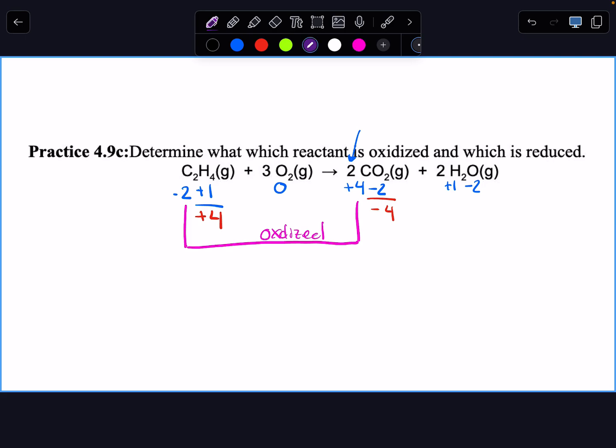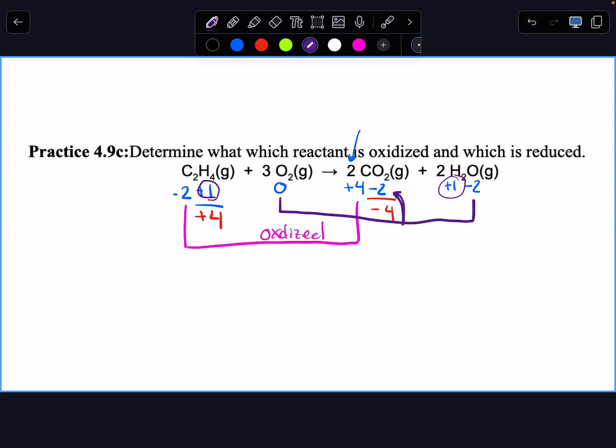Now, notice the hydrogen. It's like a spectator because its oxidation state didn't change. This is where you have to look at the individual, otherwise you can get deceived. Some people say, oh, it went from +4 to +1, but its individual did not change. So it's neither oxidized nor reduced. But our oxygen here went from 0 to -2. In this case, there are actually 2 places, but it should always be changing the same.